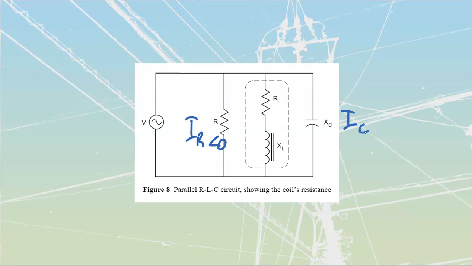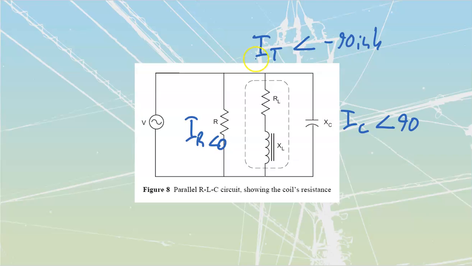We have to be a leading one, so it's going to be at an angle of 90 degrees positive. This one over here, I'm not going to break into two individuals. I'm just going to find my IT of this over here. And IT of this one is going to be somewhere around negative 90-ish. Depends on how much inductive compared to my capacitance that I'm going to have.